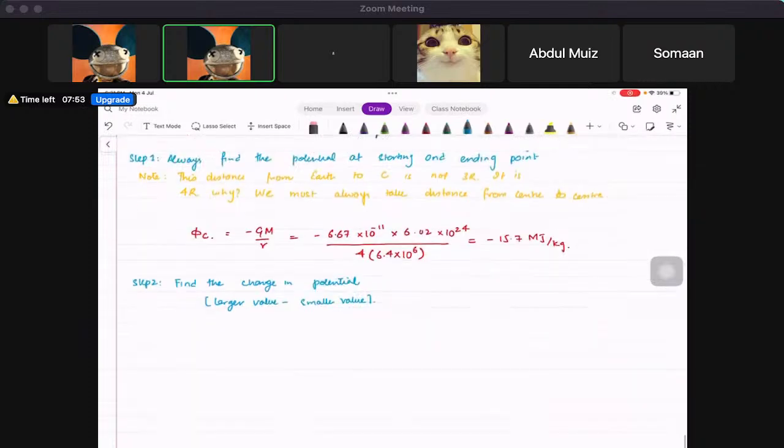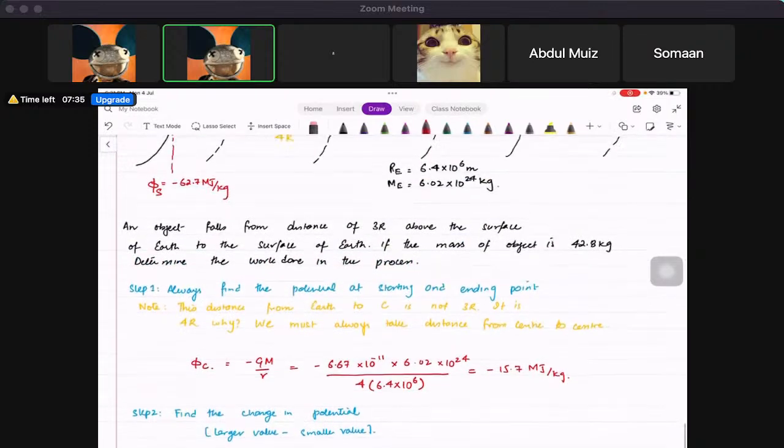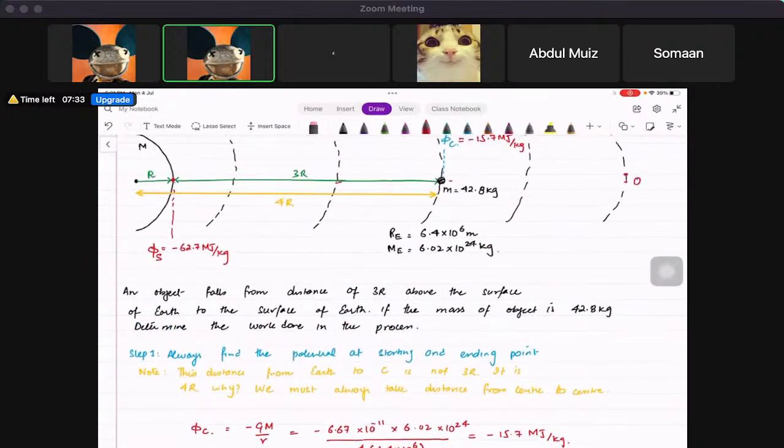So the change in potential from falling from C to the surface would be the potential at C minus the potential at the surface. Why am I saying C is bigger? Because minus 15.7 is a bigger value than minus 62.7.